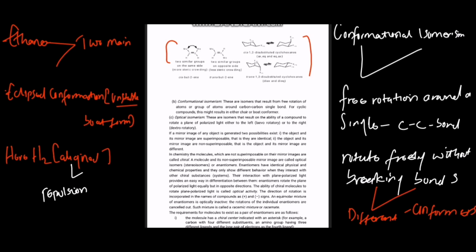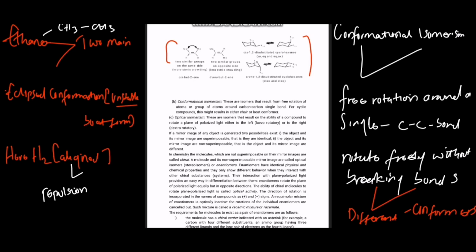Alright, now let me draw this. We are using CH3. When we look at the chain, we can look at it in two forms, either eclipse conformation or stagger conformation.